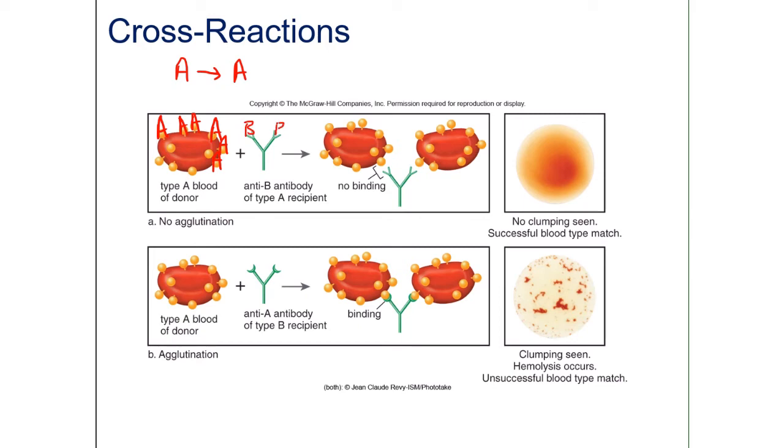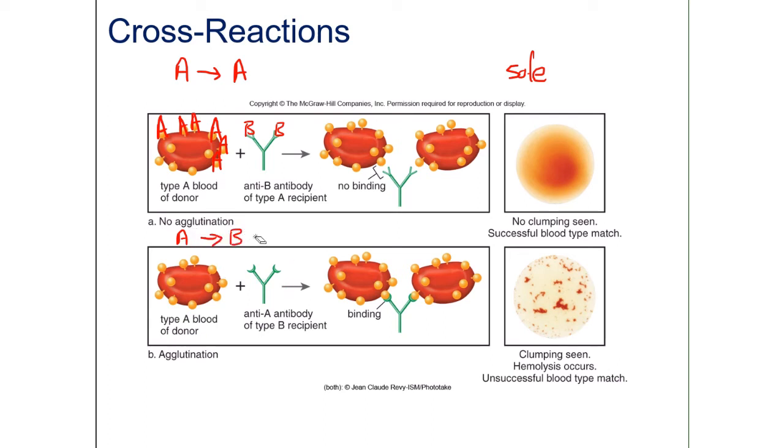Or I can put the letter B here, and because they are not the same fit, they're not compatible, then the antibodies will not bind to the incoming RBC, so nothing will happen. This would be a safe transfusion over here. So if you were to mix the blood with the antibodies in a dish, you will see the blood will mix together just fine.